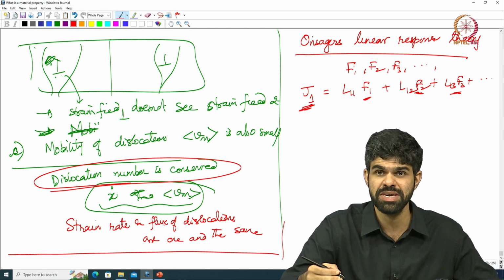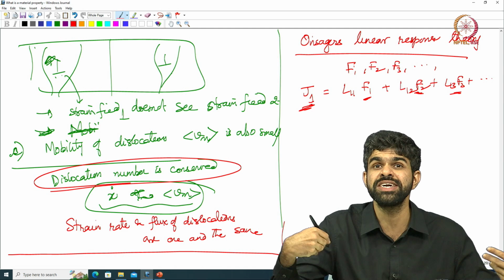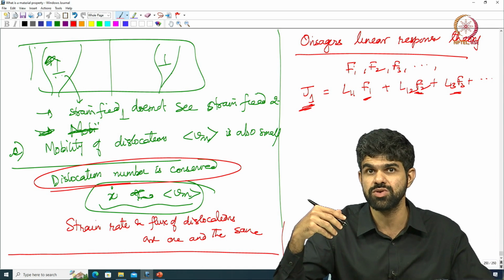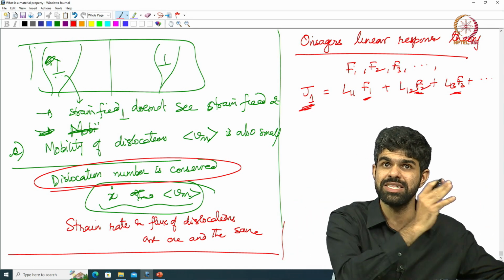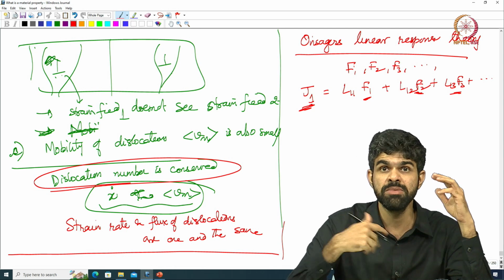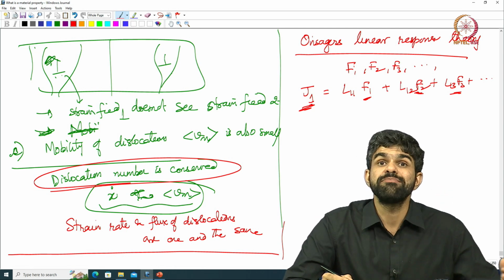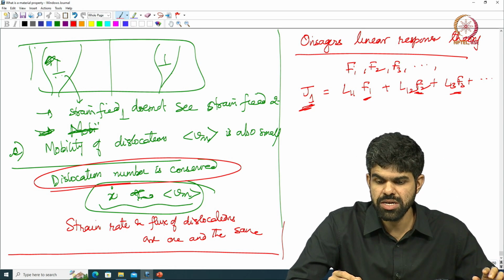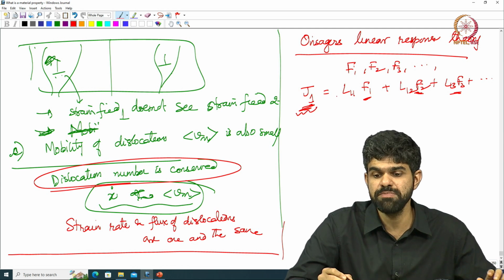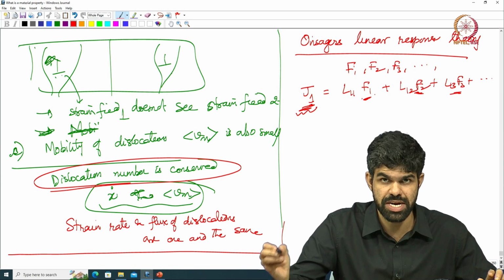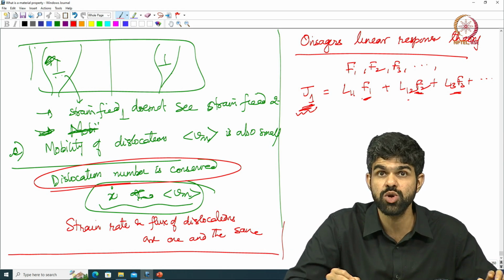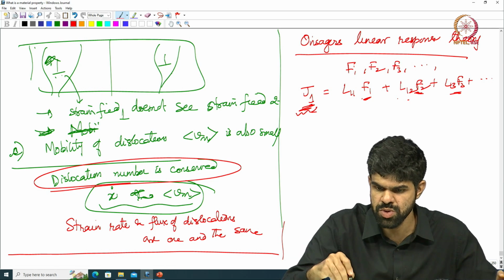These forces can have different natures: mechanical, electrical, thermal, or chemical. But a flux is dependent on all the forces, and that is where you get these cross coupling terms. We will see what that is very soon.